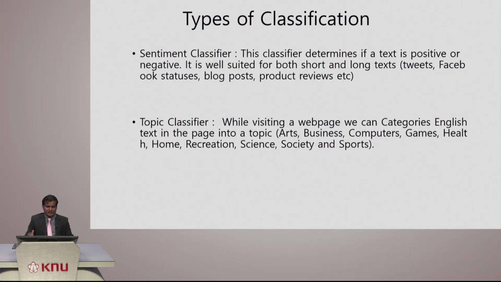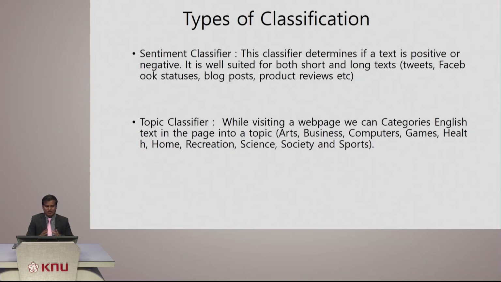Then comes the topic classifier. As I mentioned, if you are looking at a website and you want to check all the words in that website, you can automatically classify whether this website talks about sports, politics, science and technology, or any other similar features like recreation, art, business, computer games, health, home.